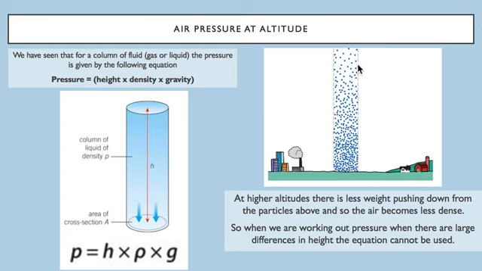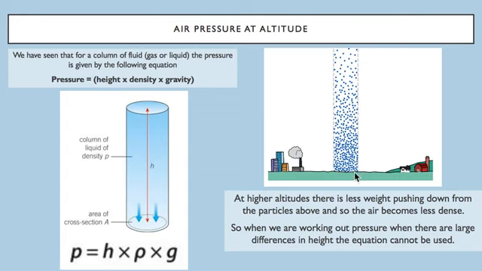But as the altitude increases, there are less and less particles in the same space, because the density is decreasing. At higher altitudes, there's less weight pushing down from the particles above, so the air becomes less dense. So when there are large differences in height, the equation here can't be used.